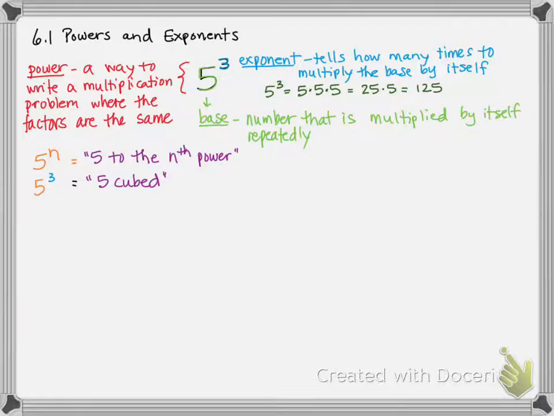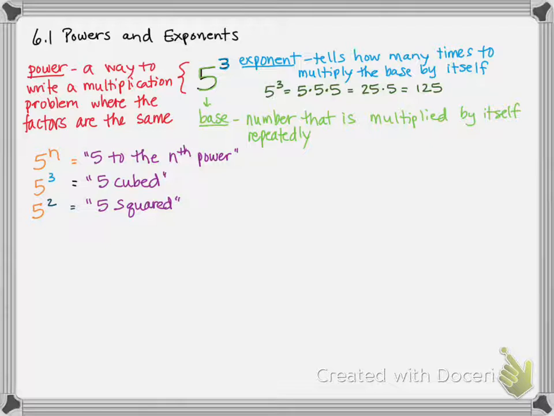Okay? And the other exception is if the exponent is a 2. And then we would read that as 5 squared. Okay, so those are the only two major exceptions. Everything else kind of follows the pattern of 5 to the blank nth power, whatever the number is.